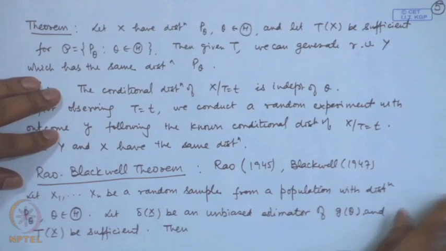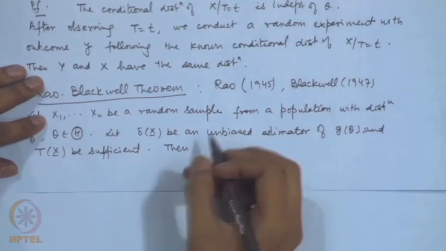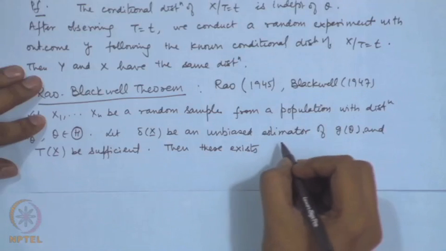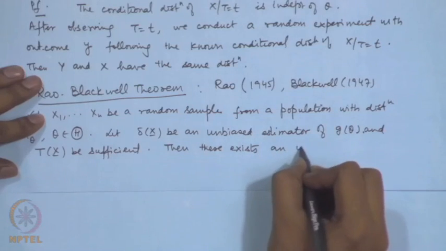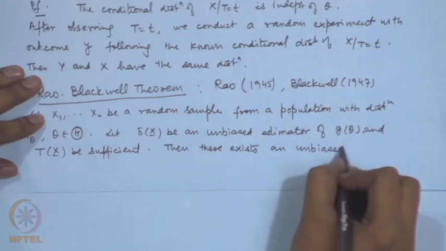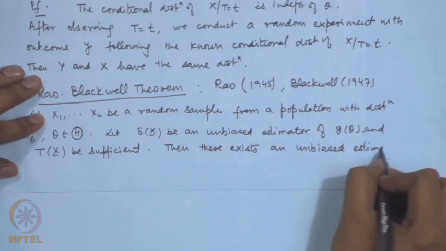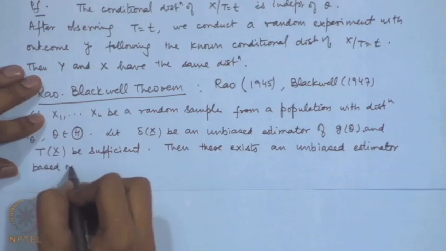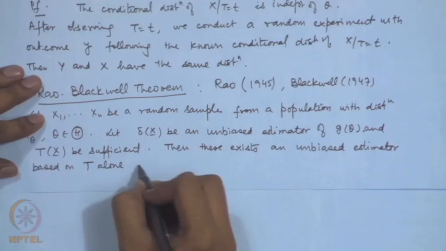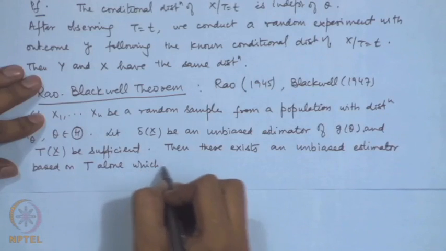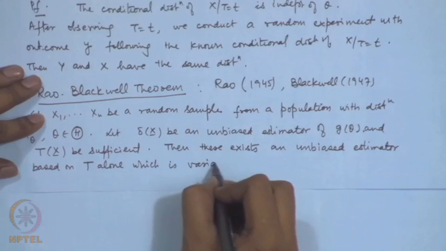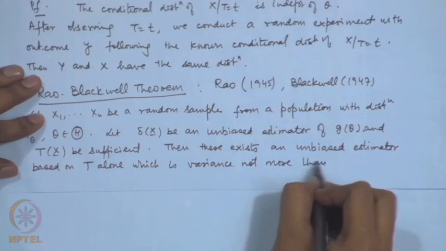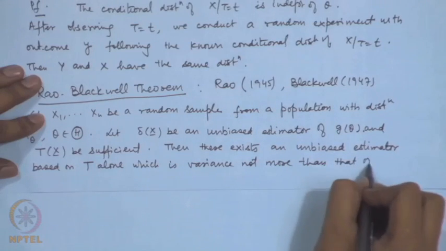Then there exists an unbiased estimator based on T alone, which has variance not more than that of delta(X).